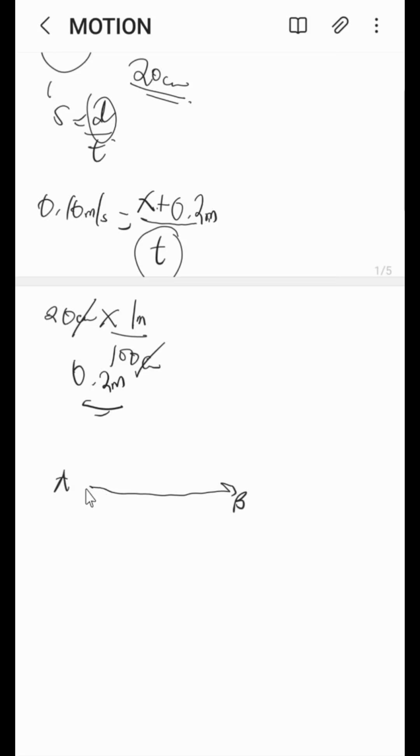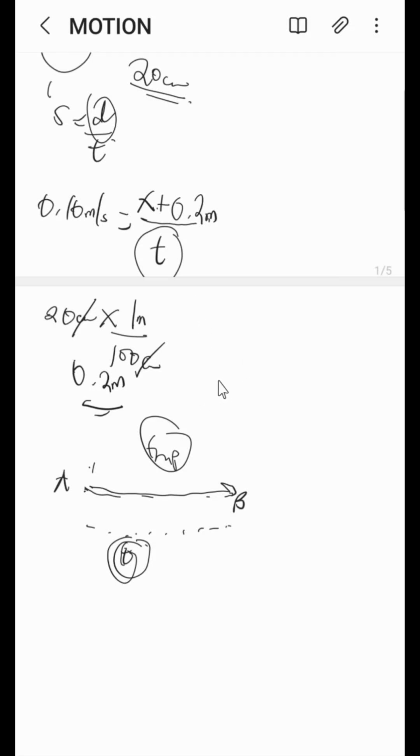So from here to here there is a time period for the same distance, for the same trip. And both the tortoise and the hare did travel the same route, which means the time constant would be the same, right?